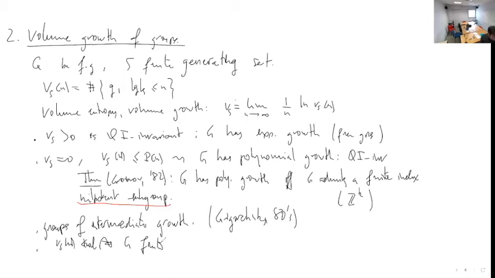Then we have these groups of intermediate growth that are still very mysterious. And then most of the groups that we are studying will have exponential growth. For instance, hyperbolic groups all have exponential growth. And you have some amenable groups that also have exponential growth, but not all of them. There are many interesting groups like that.